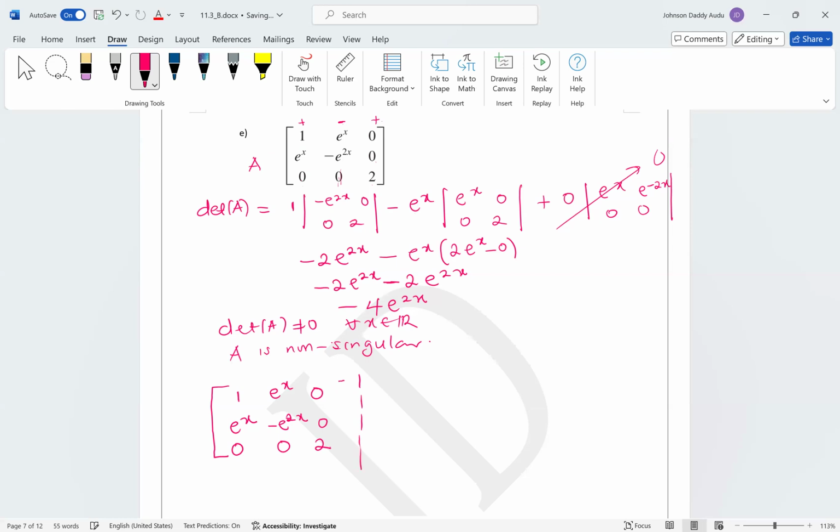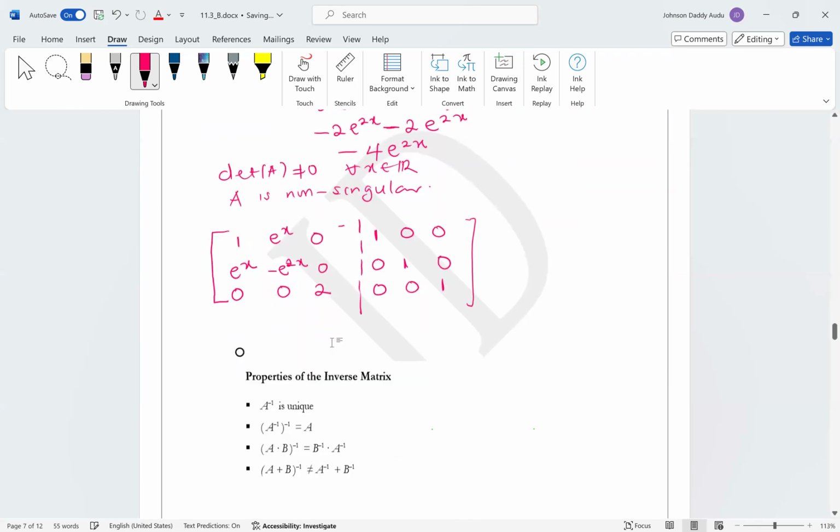So you can augment it using 1 0 0, 0 1 0, 0 0 1. So this is our augmented matrix, A augmented with I3, right?